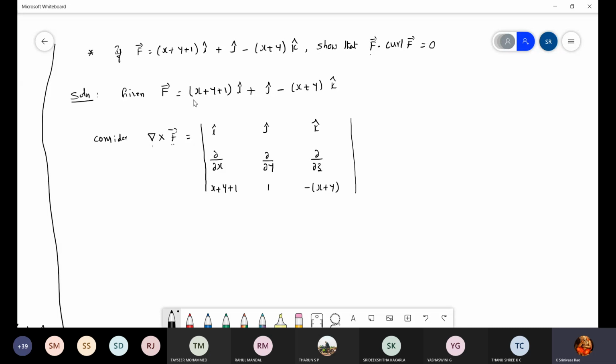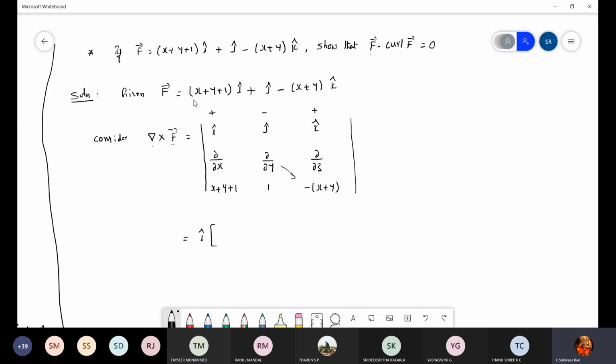Okay, now this is a 3 cross 3 determinant, with signs plus minus plus. Start with solving the 3 cross 3 determinant. I cap into: shall I write the direct answer, or if you want to substitute, you can. Dou by dou y of minus of x plus y.